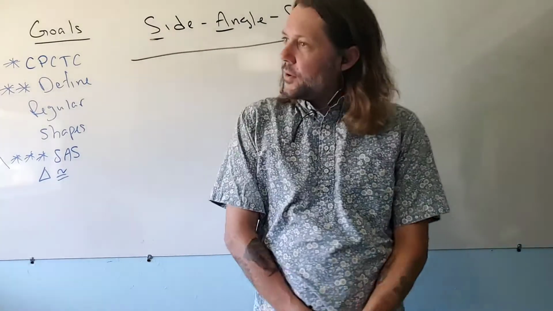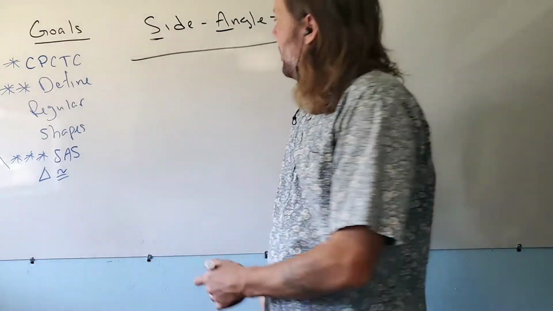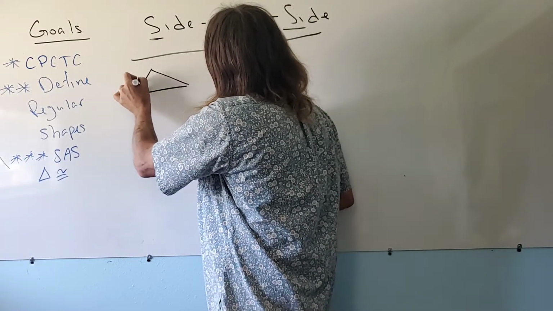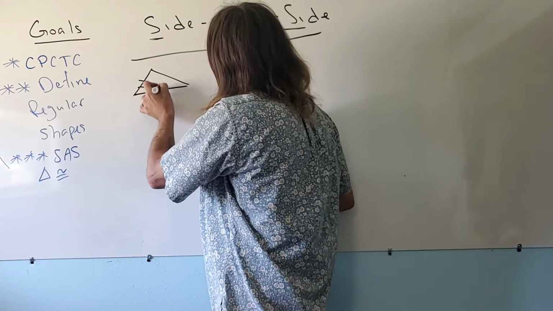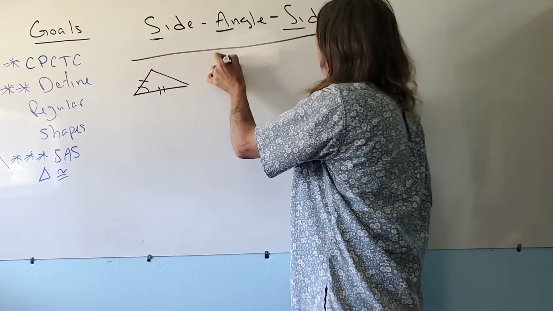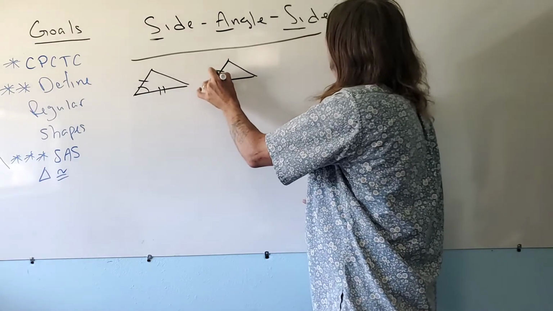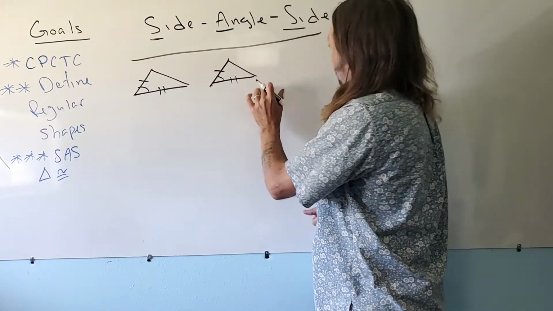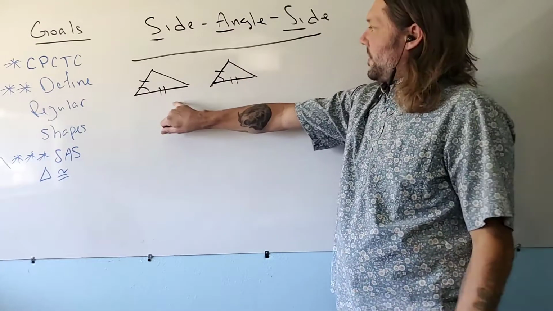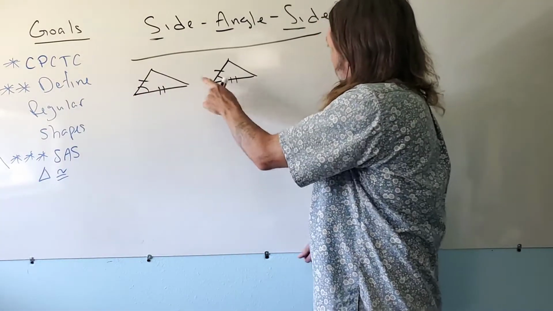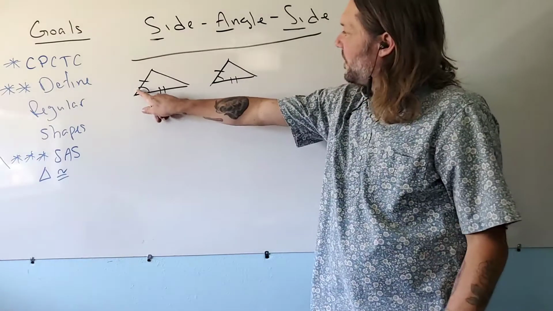So again, we're looking for congruence patterns. That's all it is. If two triangles have these congruence patterns, notice the angle is made up of the congruent sides. These angles are called included angles.